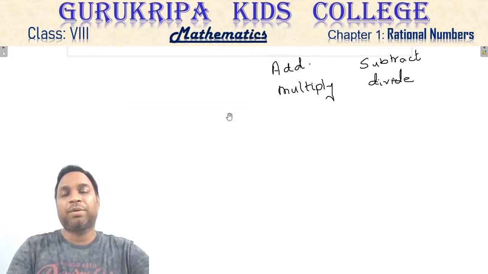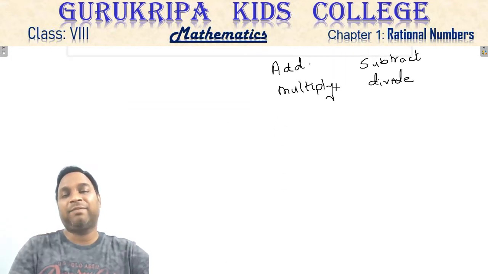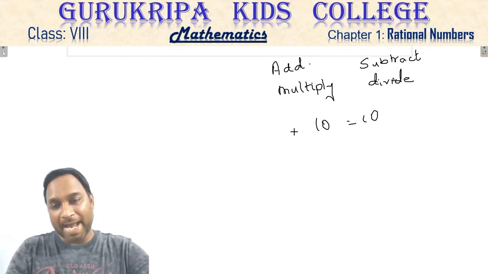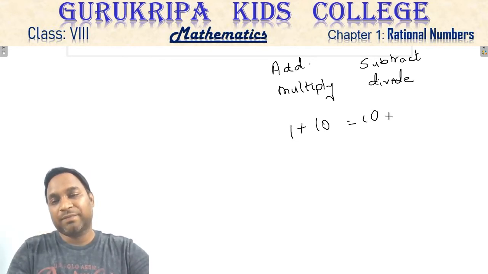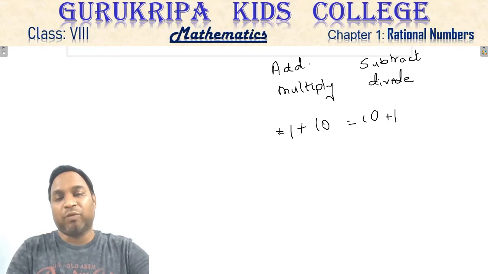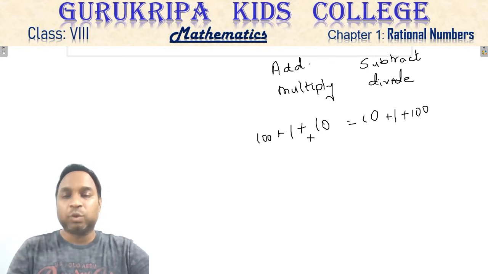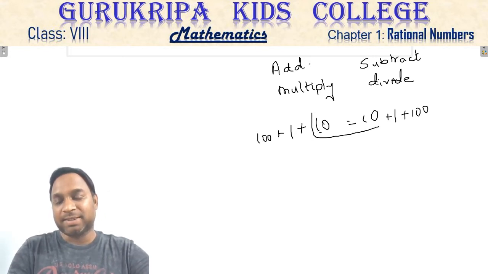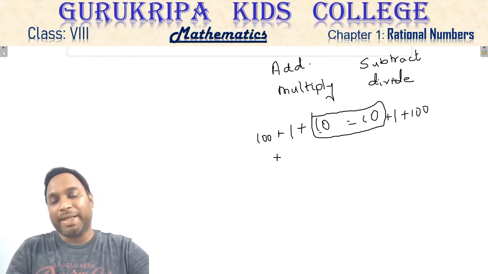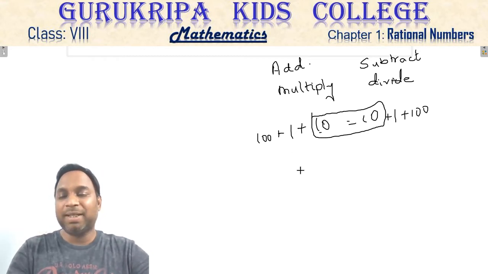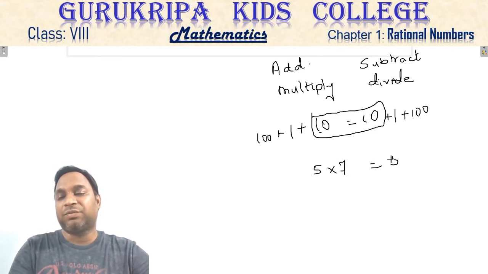It is so because if I have, let's say, 10 is equal to 10, if I add 1 to it, or if I add 100 to it, will the equation change? No, it will not change. So when two things are equal, let's say this is an equation, you can add any number to both the sides, subtract any number to both the sides. Similarly, you can multiply also. 5 into 7 is equal to 5 into 7.